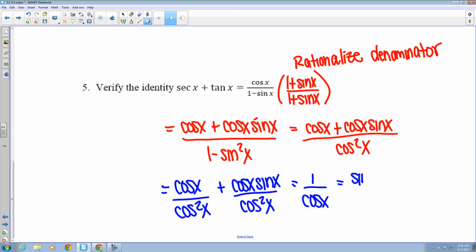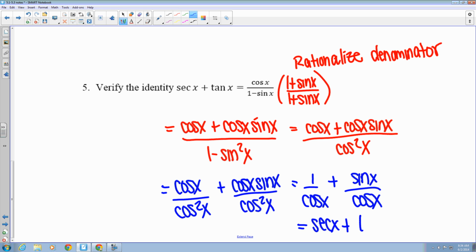Oops, not equals. I'll do a plus there. One over cosine is secant, and sine over cosine is tangent. And we're done. Not saying that you couldn't have started on the left side with that one, but I honestly think that it's easier to have started with the fraction side.